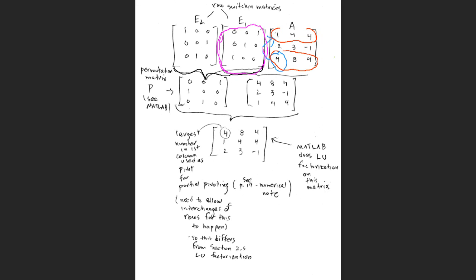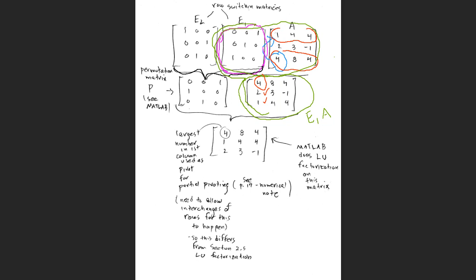What I want you to do is focus on the matrix product E1 times A. E1 times A is this part, and it's going to equal this matrix here. And you notice this matrix, which is E1 times A, is simply the matrix A with the first and third rows interchanged. That's what we wanted, because now the 4 is the largest number that we can use as a pivot in the first column.